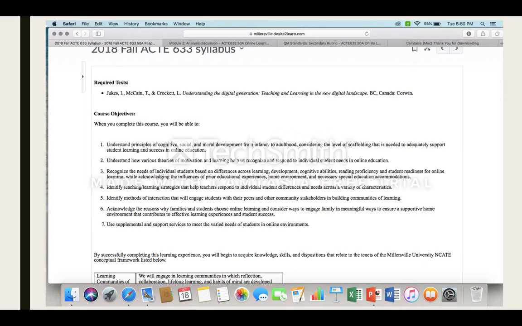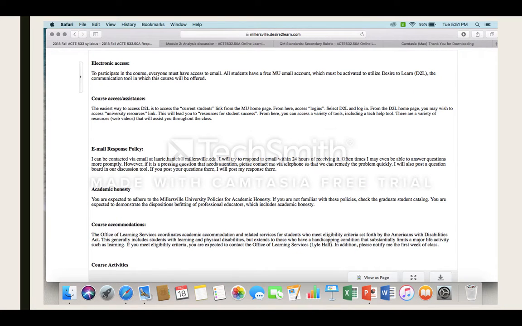Here are the course objectives, which is also important at the start of the course. I'll talk about this more when we specifically get to that category, since it is a category of the rubric. And then here you have the academic honesty policy, any kind of course accommodations that you can receive.